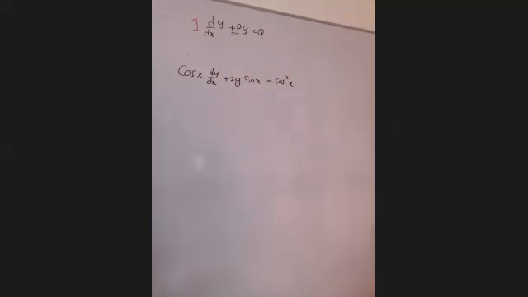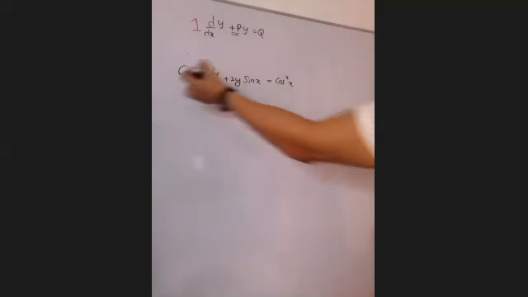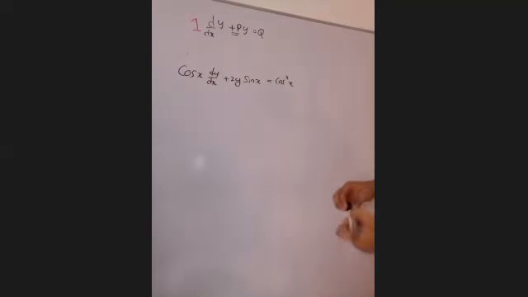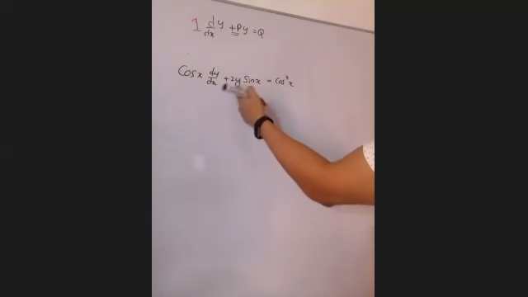Now see whether the differentiation of this is available here. Cos x differentiation is minus sin x, and the remaining term is 2y. So that approach won't be applicable for this question.